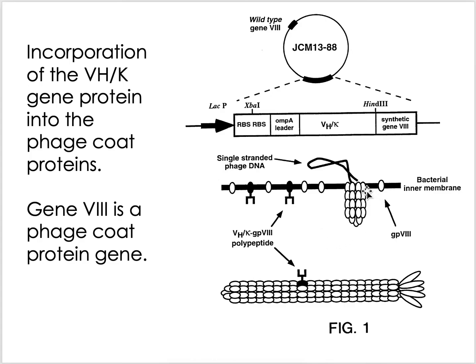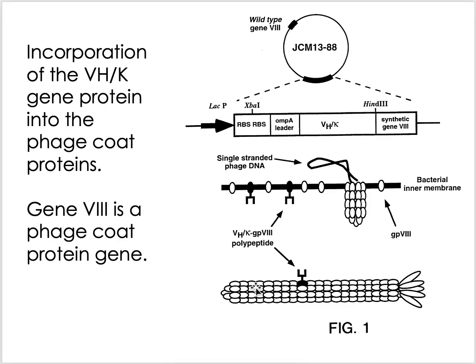In phage display, we basically choose the coat protein of the bacteriophage to express the antibody. That means the changes are done in the coat protein, so that after the full bacteriophage is formed, it will express the antibody in its protein coat portion.